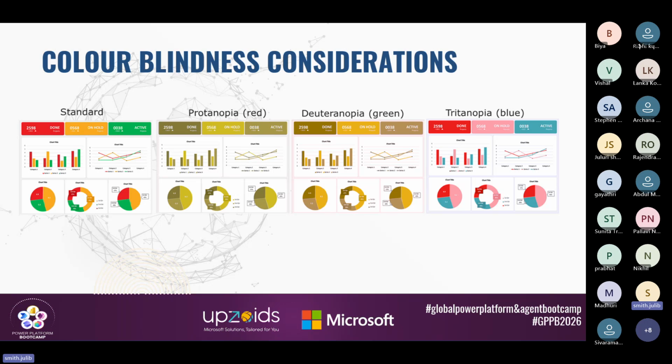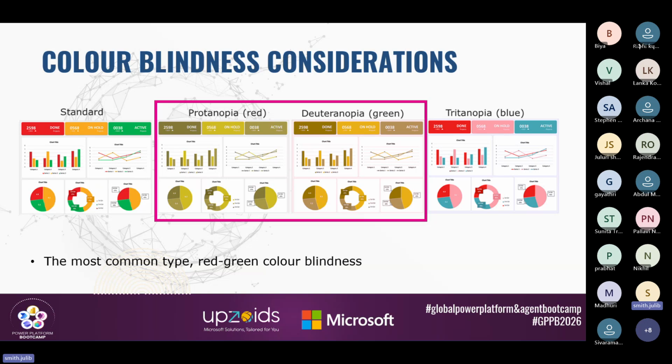So color blindness is the inability to see the difference between certain colors. And there are approximately 350 million people in the world. And it's more common in men. So 1 in every 12 males have color blindness, and 1 in every 200 females. And unfortunately, the most common type of color blindness is the red-green color blindness.